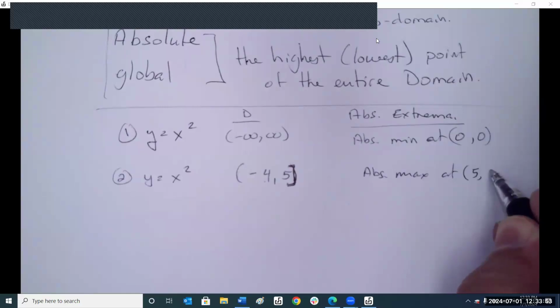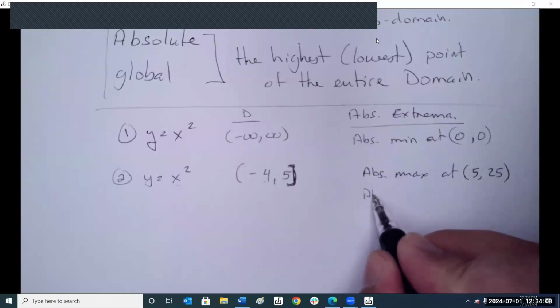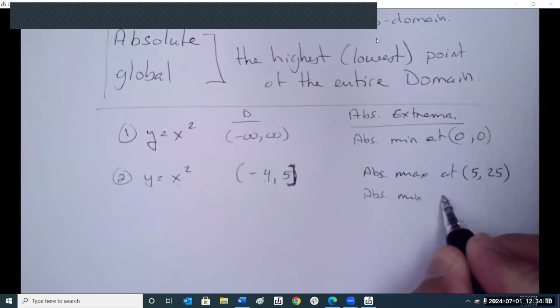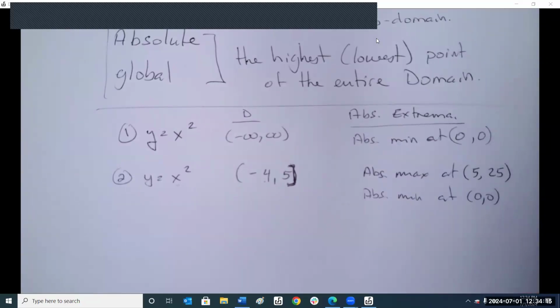What's the point? Because if you square, you get 25. Do we have a minimum? Zero. There's still a parabola.